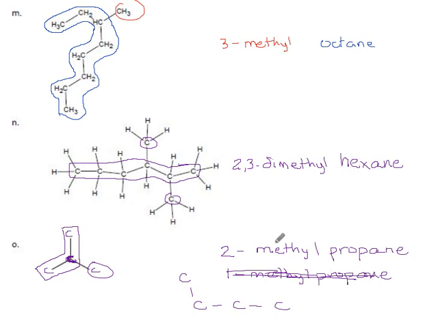Meaning if you have methylpropane, the only thing it could possibly be is this kind of T or Y shape. Ergo, this 2 here is sometimes excluded. I don't want to say optional. I'm going to say sometimes omitted. So I'm going to say that the correct name for this is 2-methylpropane, but don't be surprised if you see that 2 just dropped and someone will just say methylpropane.